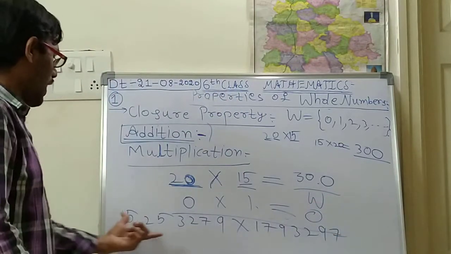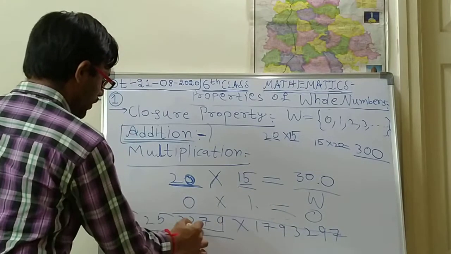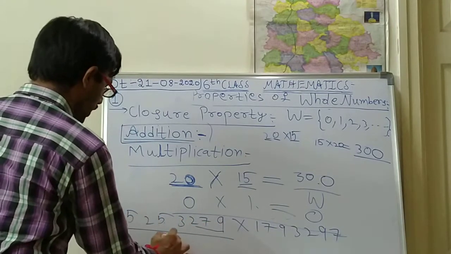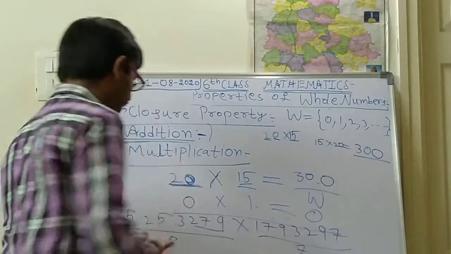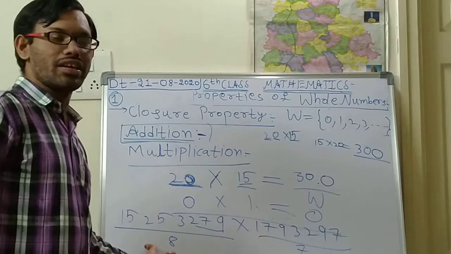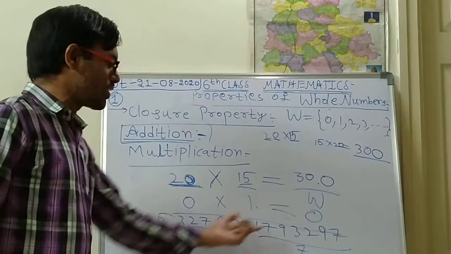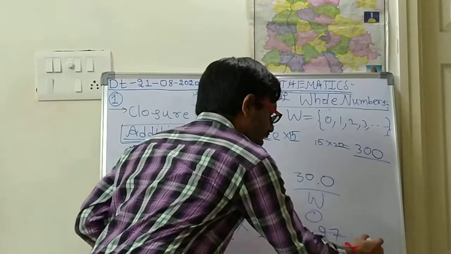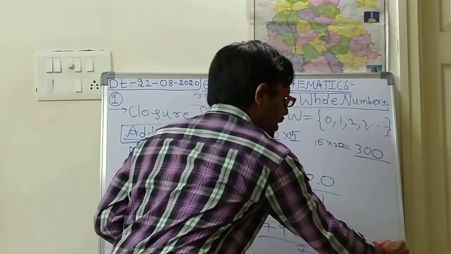Suppose here I am taking a product of 3, 4, 5, 6, 7, 8 and next 3, 4, 5, 6, 7. So a product of one 8-digit number and one 7-digit number. If I am doing the product, some number will be coming. Some 15-digit number or a 16-digit number will be coming.